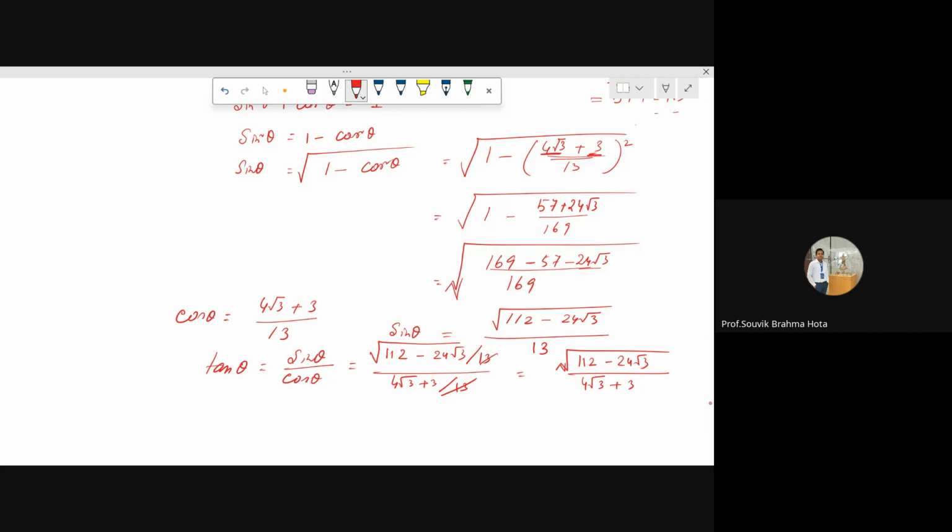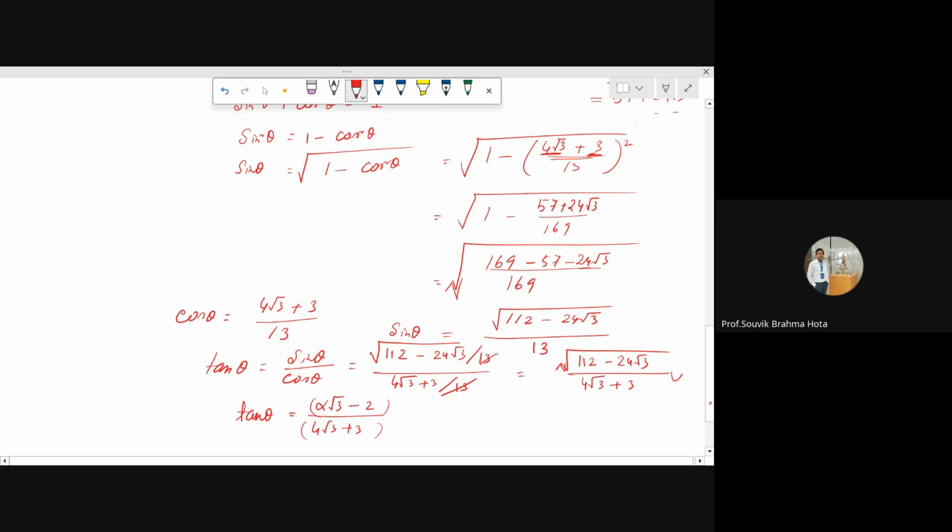But what tan theta is given in our question? Tan theta that is given in our question is (alpha root 3 minus 2) by (4 root 3 plus 3). Now you just compare.